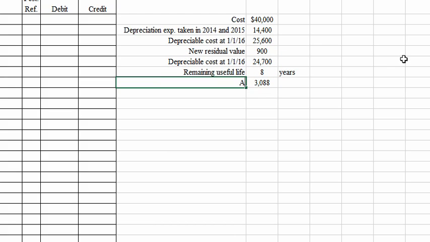And that's annual depreciation expense in years 3 through 10. And I like these little brackets here.